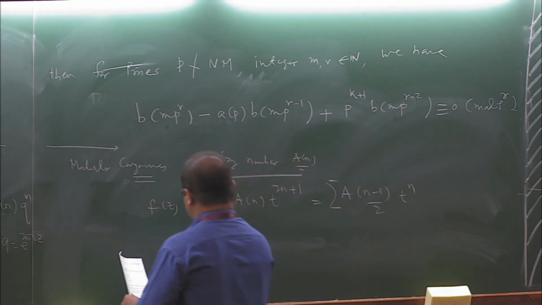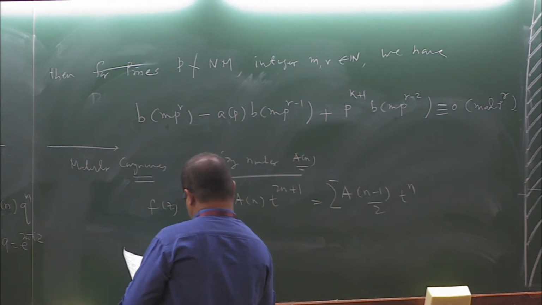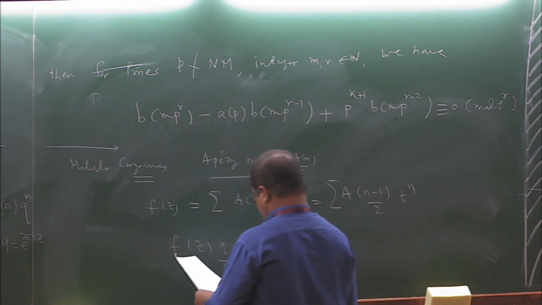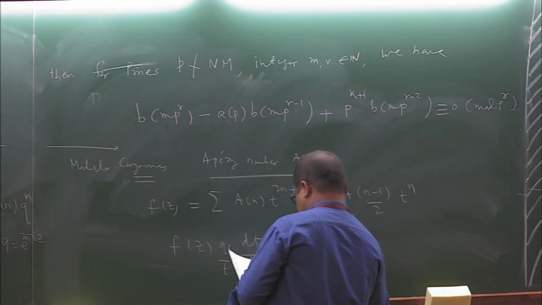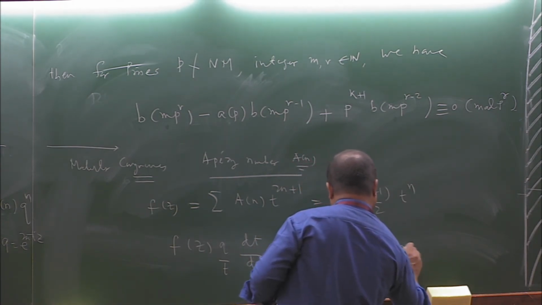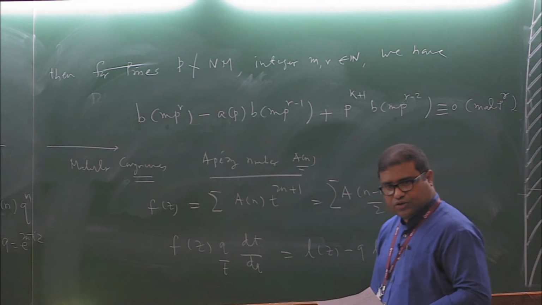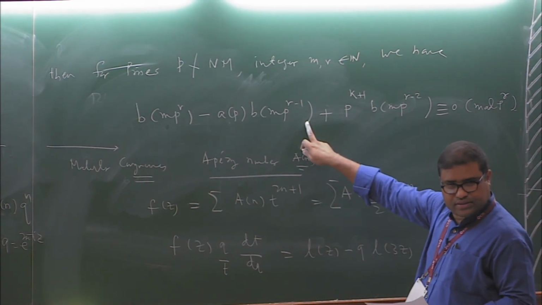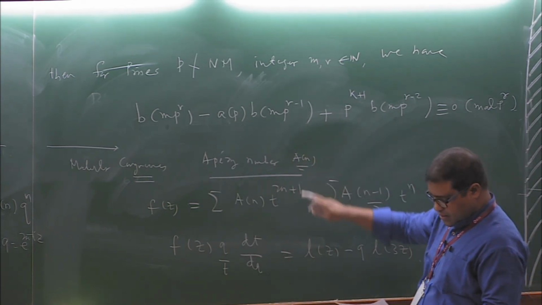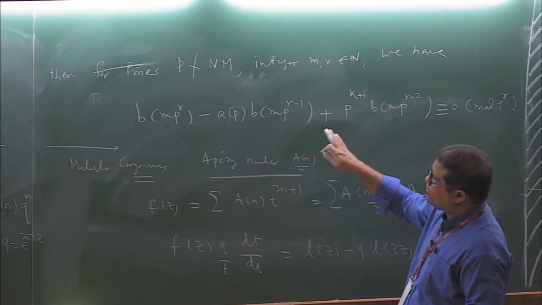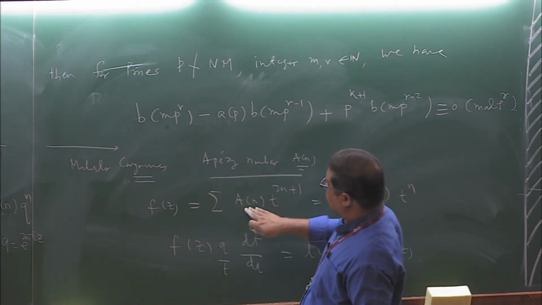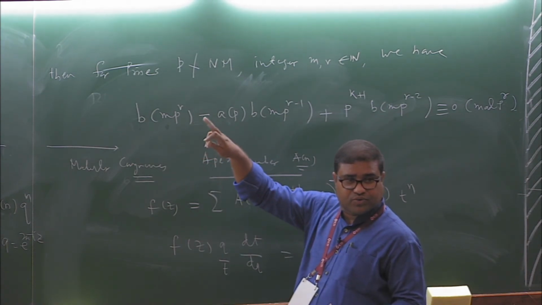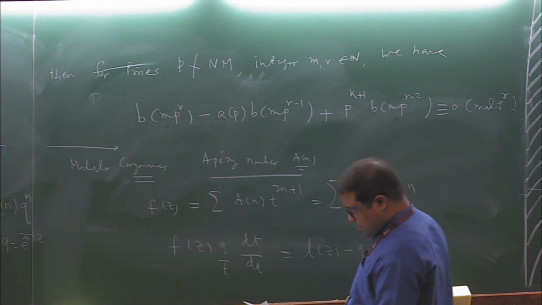We see that (q d/dq) of f(z) looks like L(z) minus 9 times L(3z). Then one can use this recurrence relation for the a_n's. This is true for this particular a_n, but a_n here is b_((n-1)/2), so I need to be careful. That's why (p-1)/2 is coming in Beukers' relations.